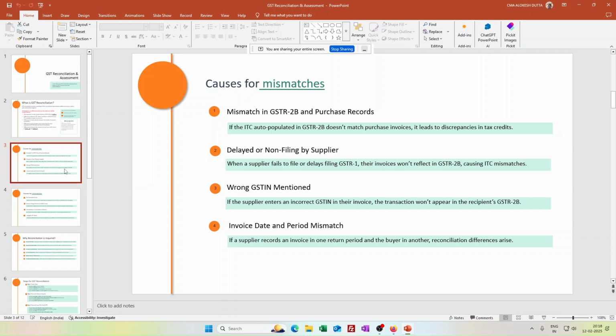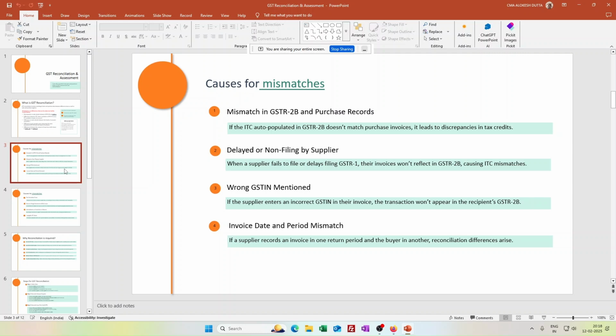It means GSTR 2B is auto-populated in the GST portal, and you have to match this GSTR 2B with your purchase invoices. Otherwise, you cannot have the correct figure of ITC claiming.